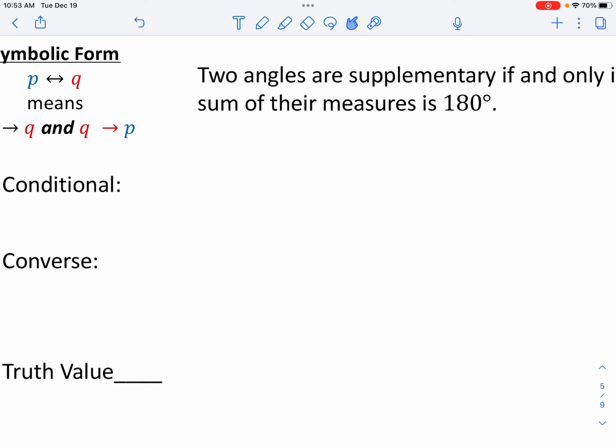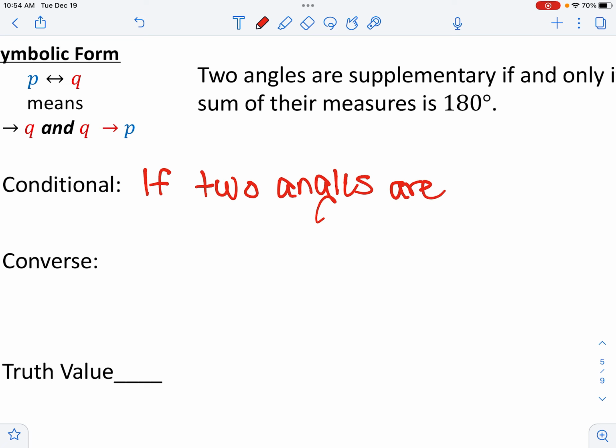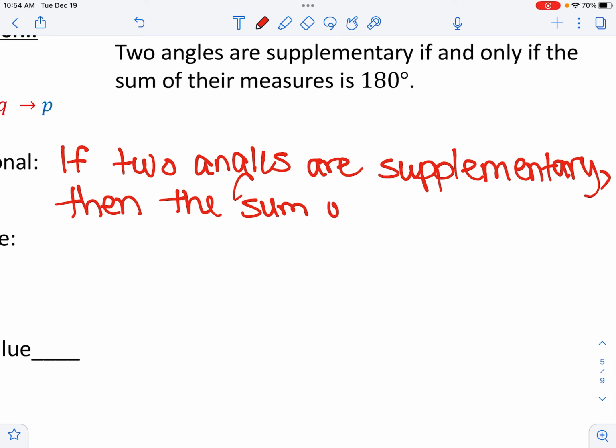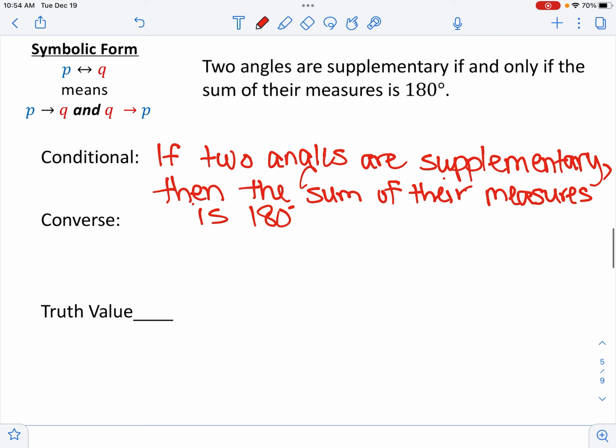So if two angles are supplementary, then the sum of their measures is 180 degrees. Okay, so that we know is true.